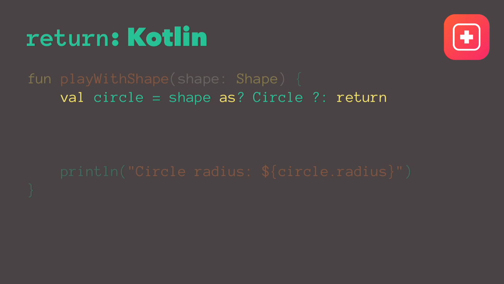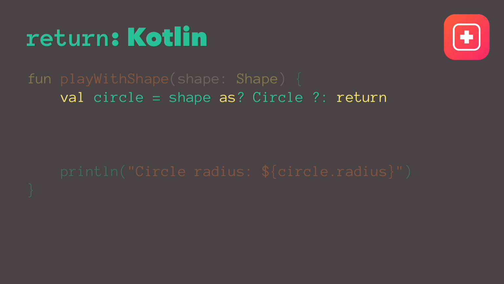So this line could be a bit hard to read when you come from Swift and you don't know that, but let's split it. So again, we see that we have question mark colon that we had earlier with name and stranger. So if shape is of type circle, then we assign it to the circle constant.